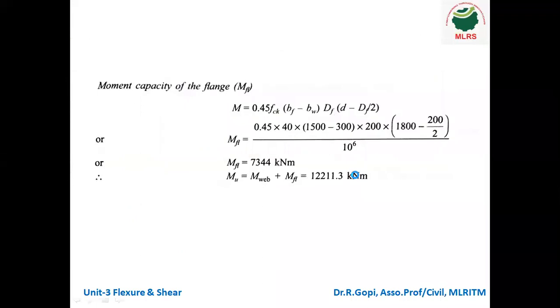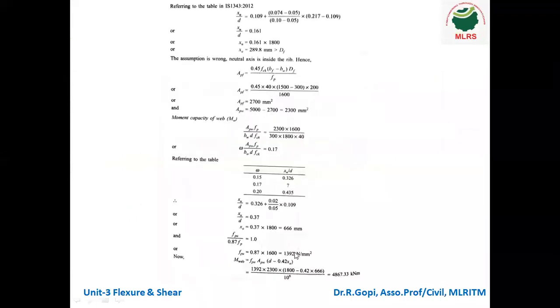For 0.15, XU by D value is 0.326, and for 0.2 it is 0.435. So XU by D value for 0.17, by linear interpolation, we got 0.37. We need the XU value, so multiply 0.37 into 1800, we got 666 mm.